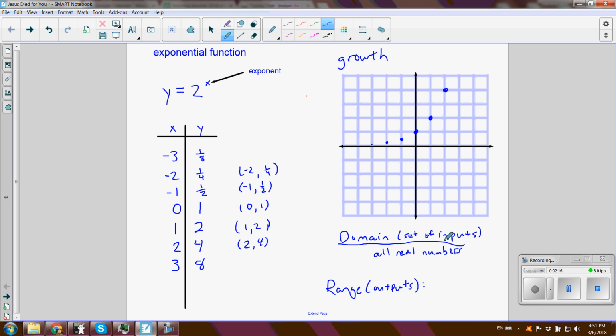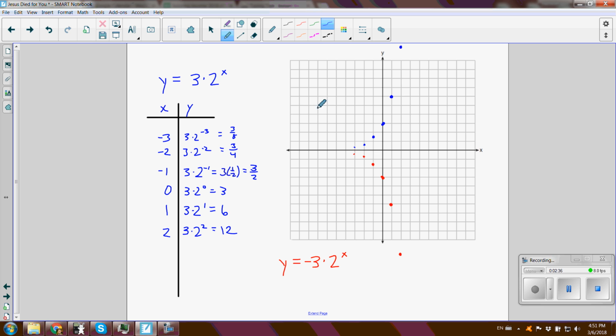So the range of this function, y, is always positive. So the domain, x can be any real number, any number, but the range, y will always be a positive number. Let's look at domain and range of these two.